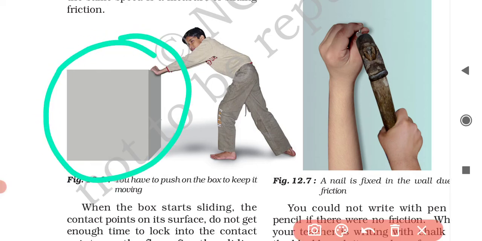At the instant he is just tending to move the box, that is the measure of static friction. In case of static friction the object is actually not moving or sliding over the other object, it only tends to move or slide.